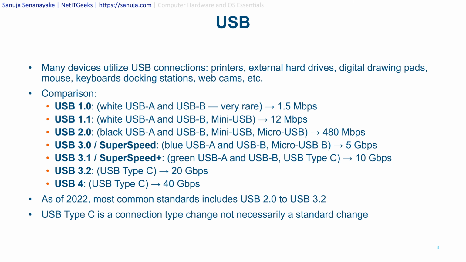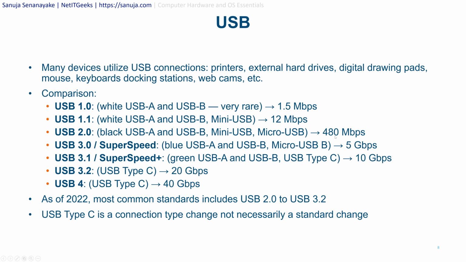Now with USB 3.0 in 2022, which is also known as USB SuperSpeed, and also USB 3.1, which is also known as USB SuperSpeed Plus, we have connectors such as USB Type A, Type B, Micro USB B, as well as the USB Type C with SuperSpeed Plus.